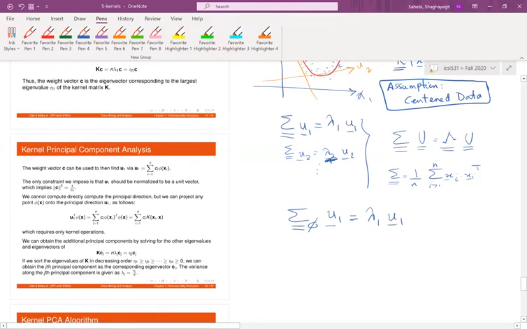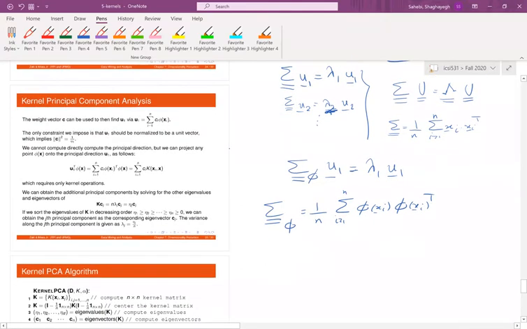Now in the feature space, what we are going to have is our sigma phi in the feature space is equal to 1 over n, sum over i equals 1 to n, instead of xi, now I have phi of xi, phi of xi transpose, assuming that our phi is centered.